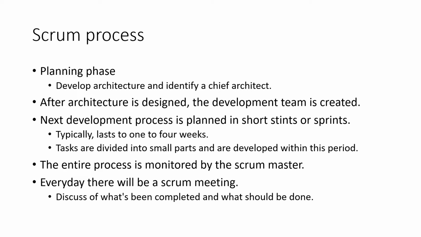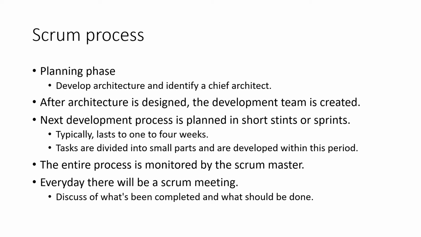After that, the development process is planned in short periods called sprints. These sprints typically last from 1 to 4 weeks, depending on the target and the estimated work. Each task is divided into small parts, and these parts are developed within the sprint intended for them. The entire process is monitored by a person called the Scrum Master, who will most probably be the manager of the team.